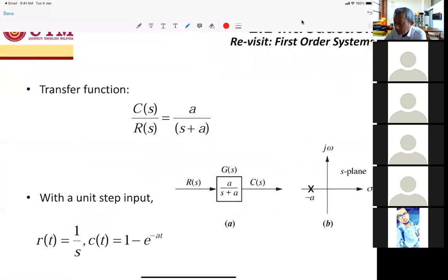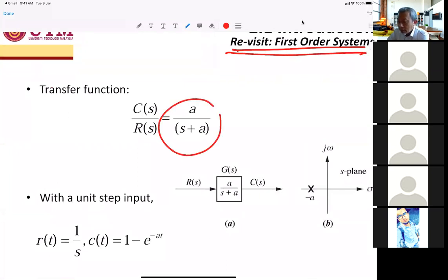So let us revisit what is the first order system. So first order system is a system that has one pole. So in this case, an example of it is a over s plus a, where the pole is located on the left half plane. Okay.